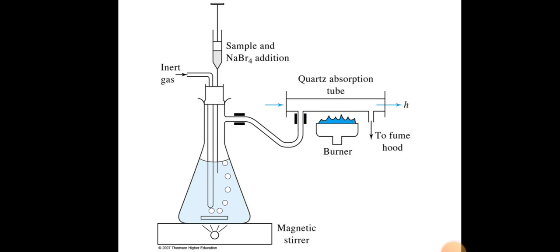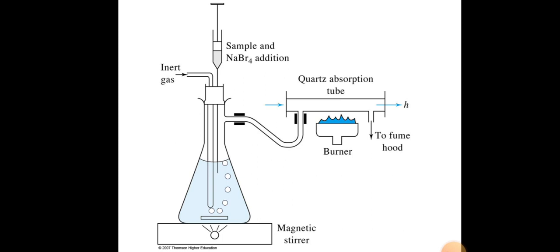This should be NaBH4, not Br4. This is something wrong. It should be corrected. So we have a mixture of sample and sodium borohydride that we inject into the solution, and then we have an inert gas.